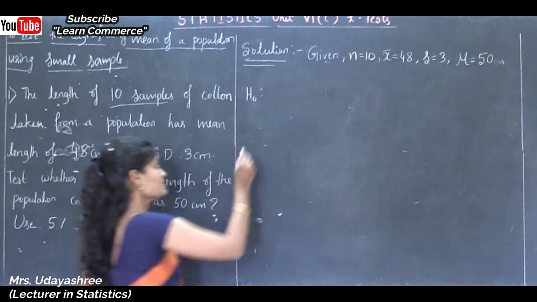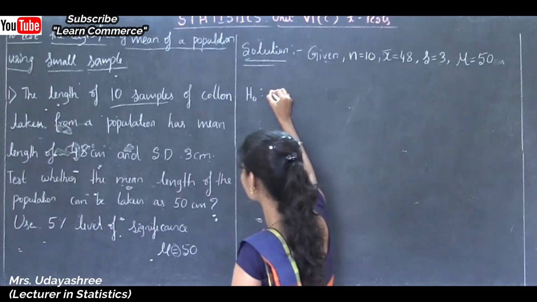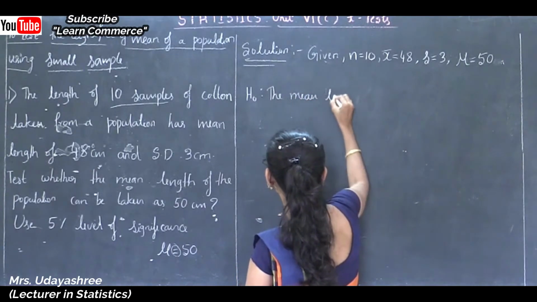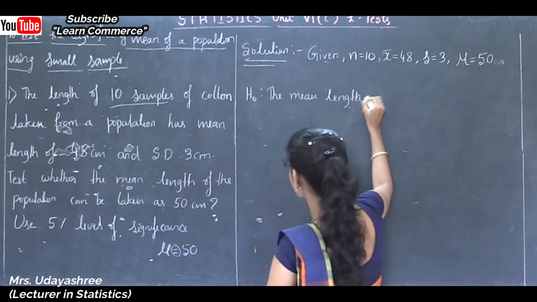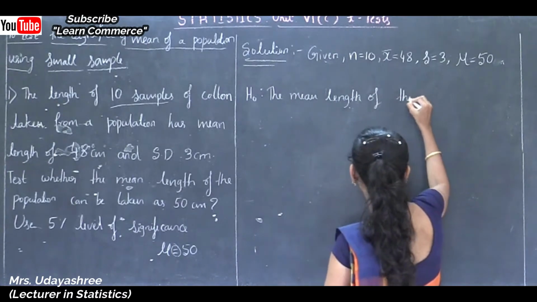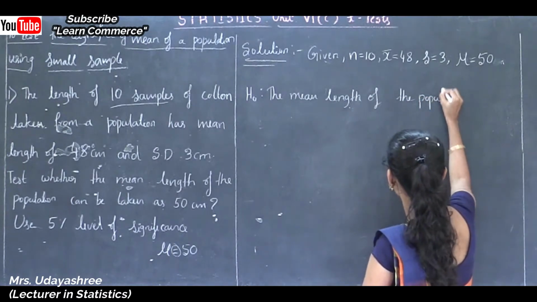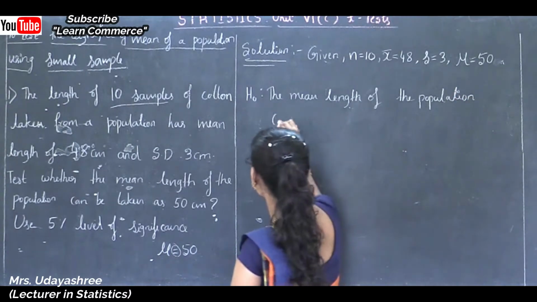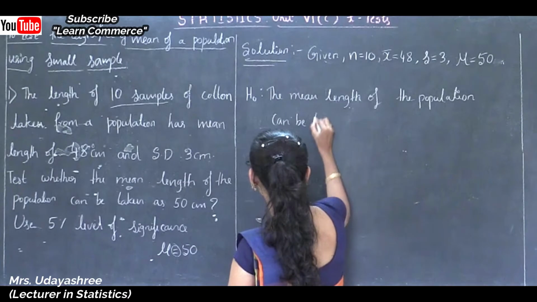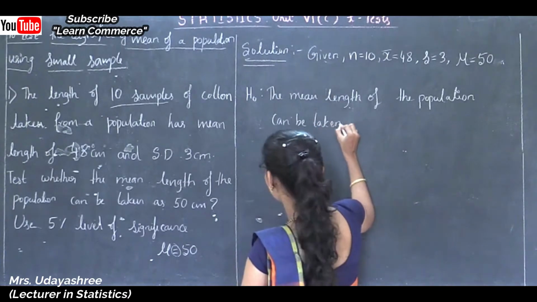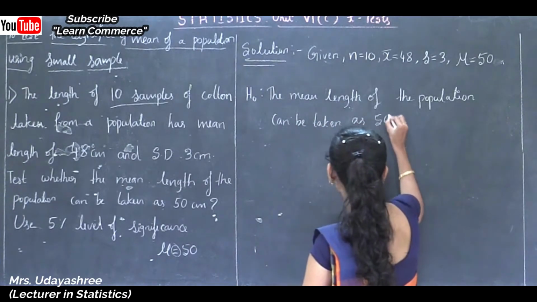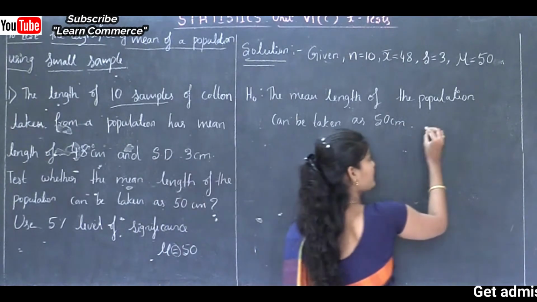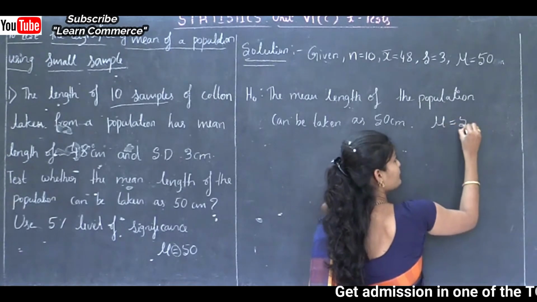So the sentence is: the mean length of the population can be taken as 50 centimeter. Okay, then step 1 is over. So 50 centimeter, in the sense we can write mu is equal to 50.